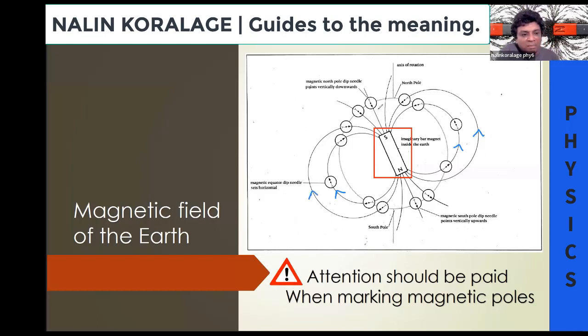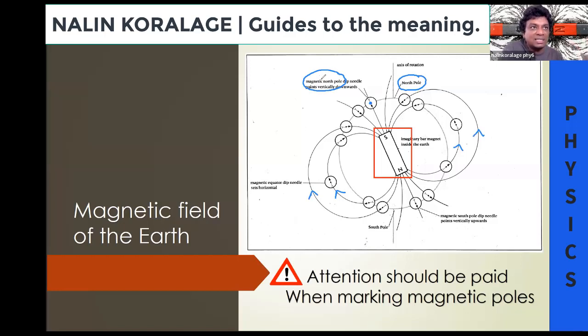But anyway, due to some reasons which lie outside the scope of the syllabus, usually we declare the top side, the side towards the geographic north pole of the Earth, as the magnetic north pole of the Earth. Now you can see there's a kind of correspondence. This is called the geographic north pole, and on the same side we declare the north pole of the magnetic field of the Earth to be on the same side.